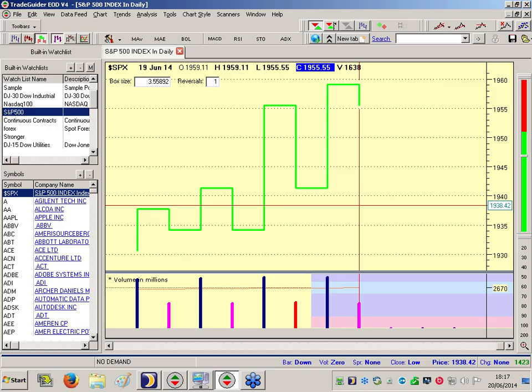Don't forget, the S&P 500 is the cash market. That means that's where the equity lies. That's where the value lies. That's where the money lies, right? So it's important you look at that, and you get some fantastic signals and indications from time to time. It's very good at giving you an idea where it's going.